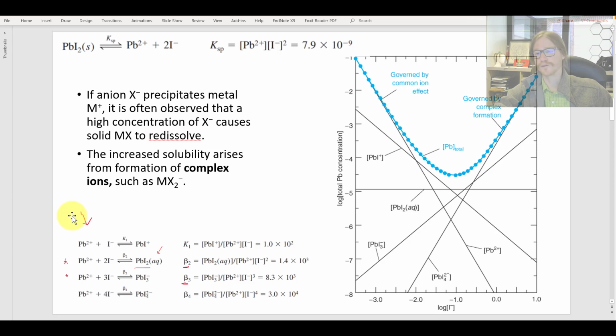Whenever you add two equilibrium reactions together, you multiply the Ks, and that's how the betas are derived in this case. We're not going to belabor this too much. I just want to give you a big picture idea of this, which is going to segue nicely into Chapter 8: things are more complicated than we think.